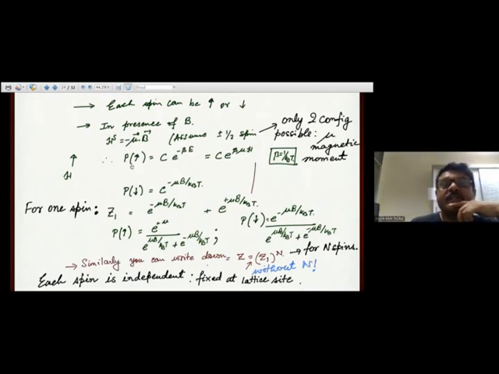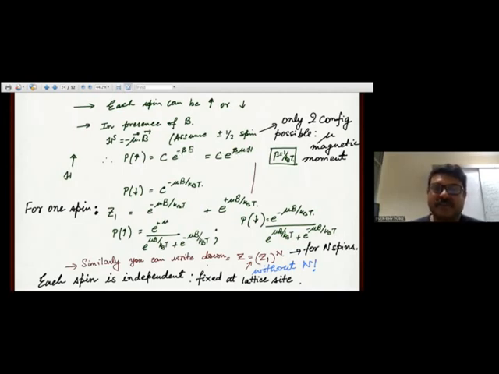So the probability that you have a microstate for one particle where it is pointing up is some proportionality constant, which is of course 1 upon the partition function, times e to the minus beta E, and E comes with a minus sign.